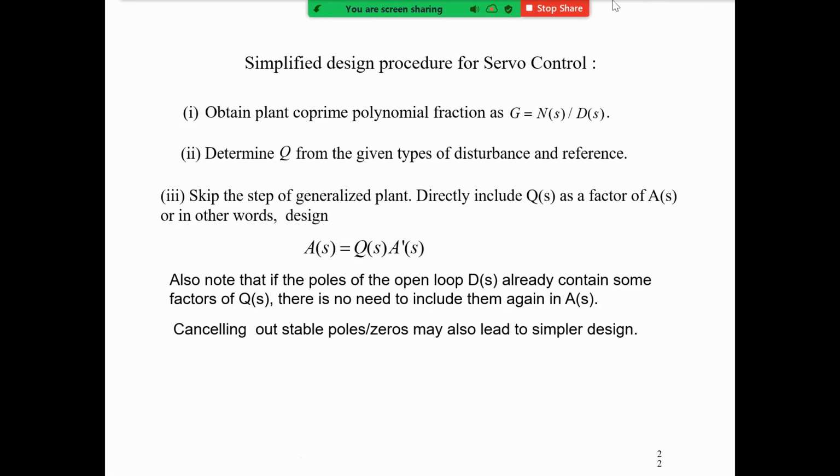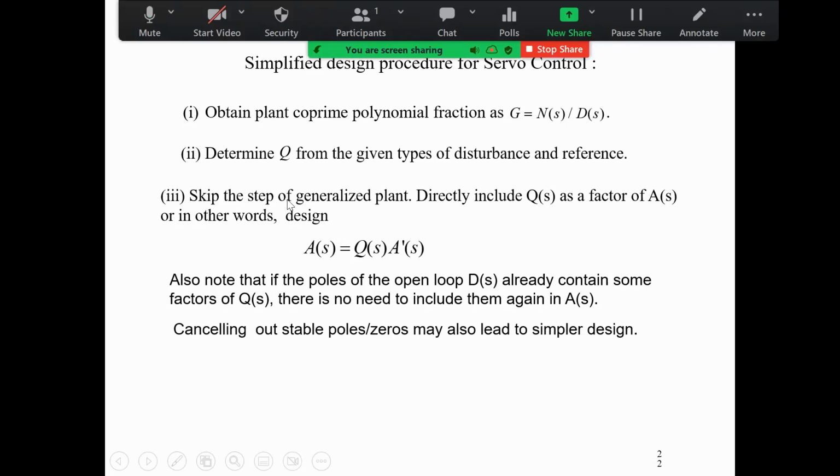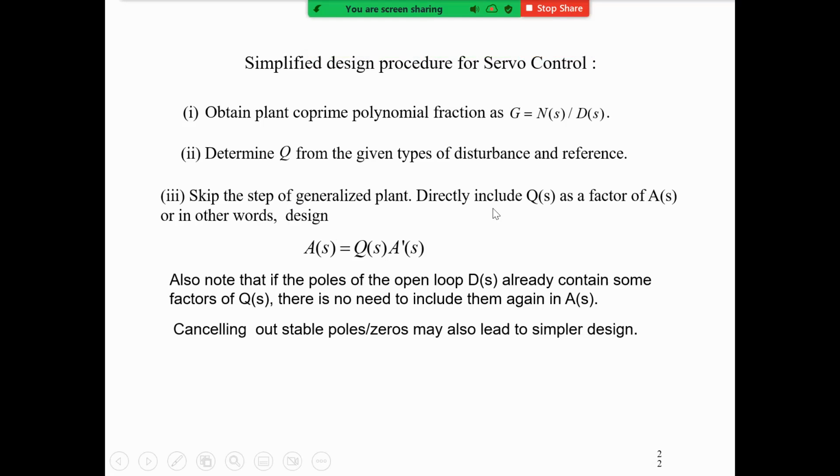You just do it step by step, but you end up with a complicated controller. This way will save you a lot of time, because time is precious. In the exam, you want to save time to get the solution as quickly as possible.